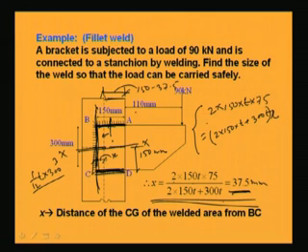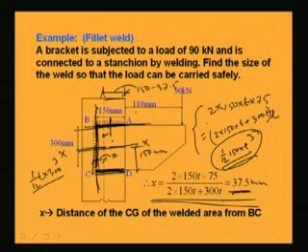So at its own axis, that will be 1 by 12 into 150 into T cube, which is very small. Because T is very small, we are going to neglect this term. The other term will be A R square, that means area 150 into T into R square, 150 square.